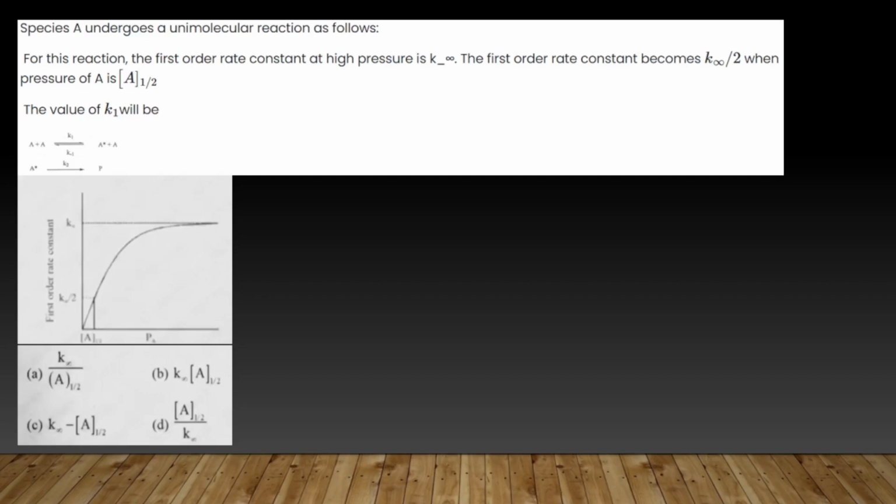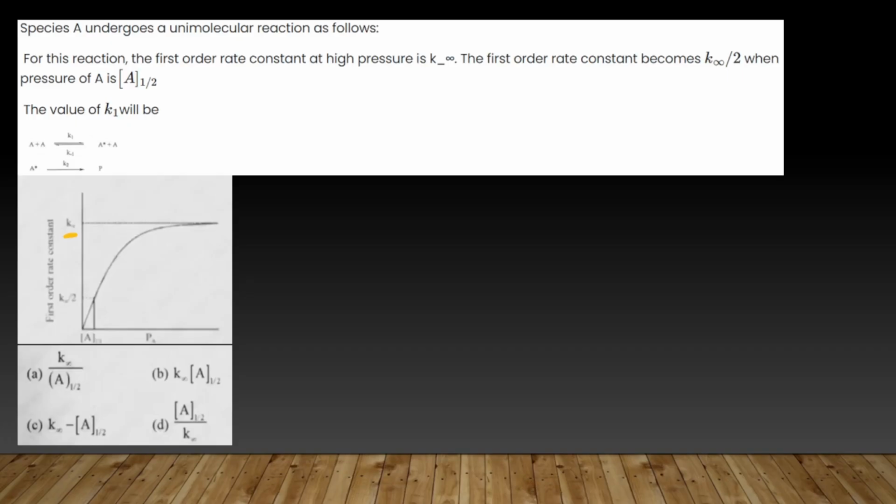The first order rate constant becomes K infinity by 2 when the pressure of A is a half. The values of K1 are going to be... This is the graph that is given, for a first order reaction, the plot of rate constant versus pressure, where at maximum pressure the rate constant value is given as K infinity.